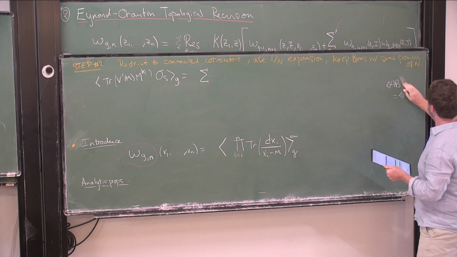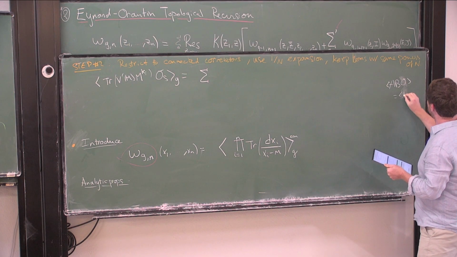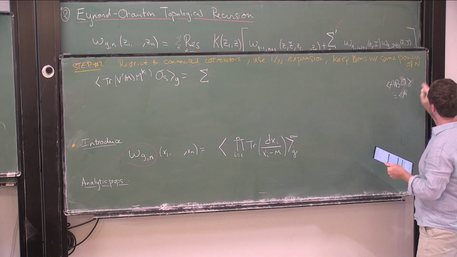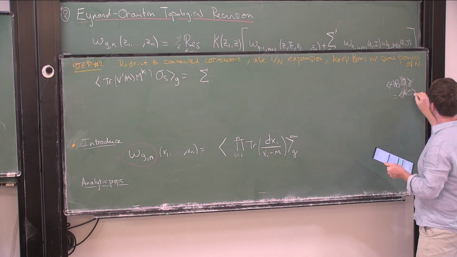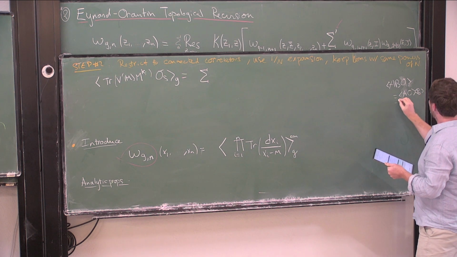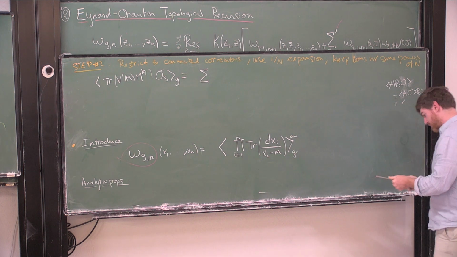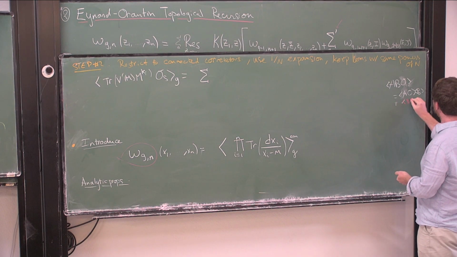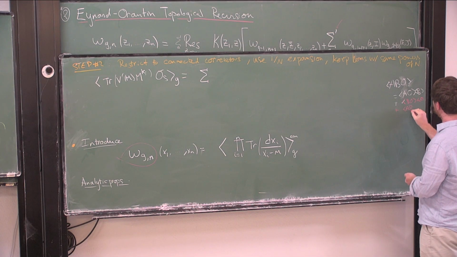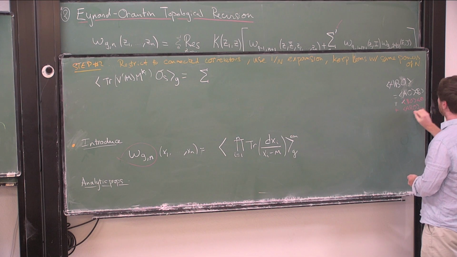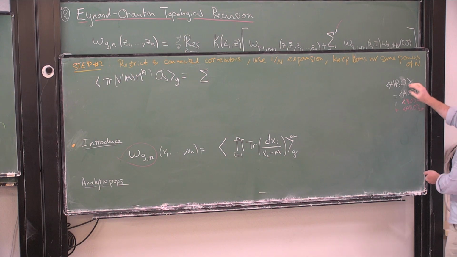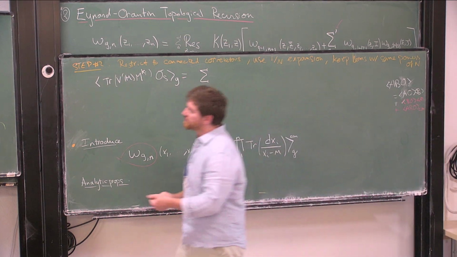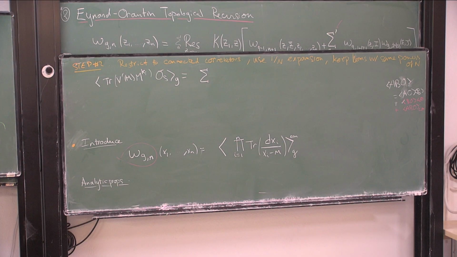So let me think about this way. Yeah, it could be something like this. So in this connected piece, there'll be a part that looks like this, and a part that looks like this. The O and A, and there could be a part where they're all together. So we're just kind of going to keep track of where these two traces over here can sit in a connected correlator.